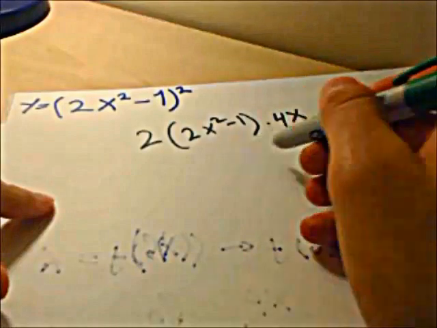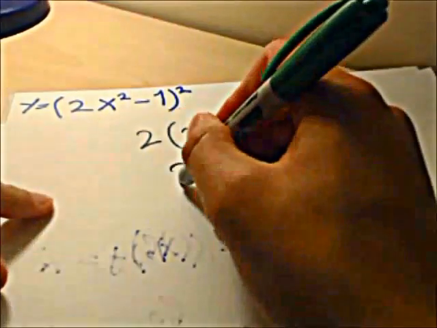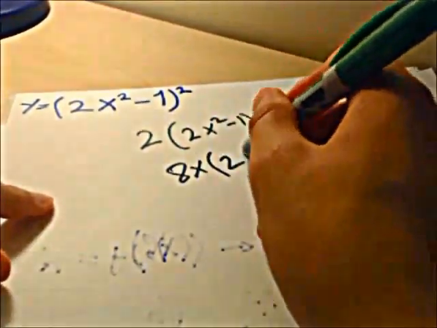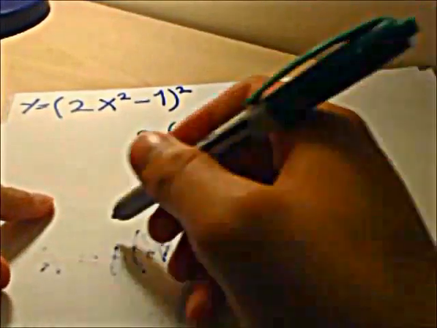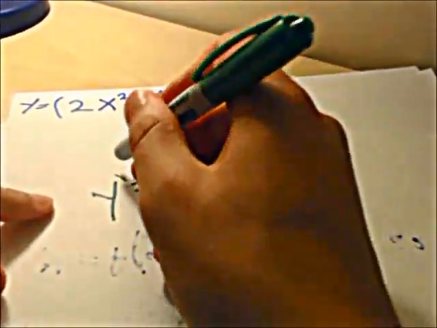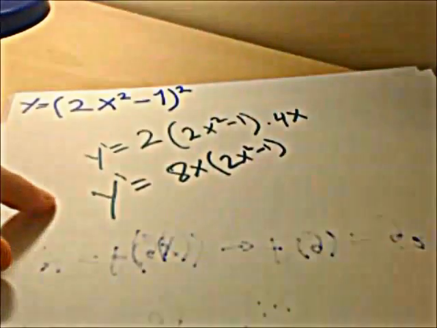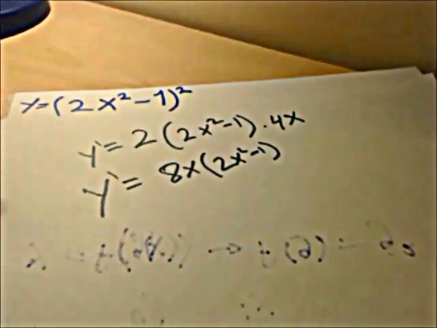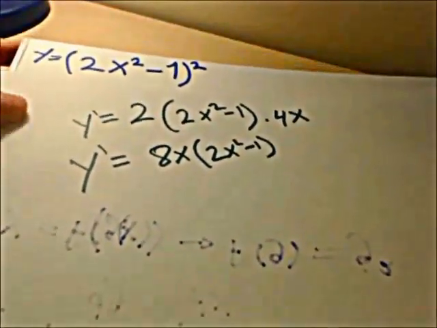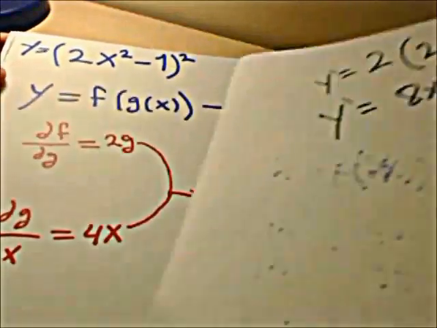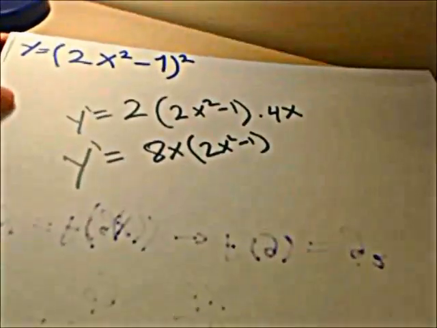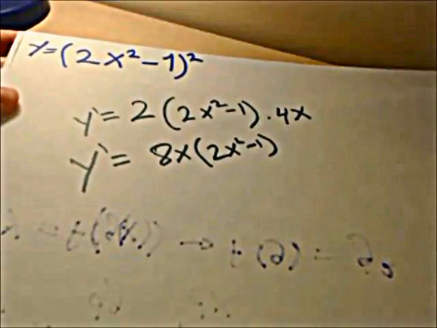And then we just simplify it. 4x times 2 is 8x, and then times (2x squared minus 1). That's the derivative, y prime or dy/dx. So that's actually a shortcut way, but I wanted to show you how it works first, the default definition and the formula.